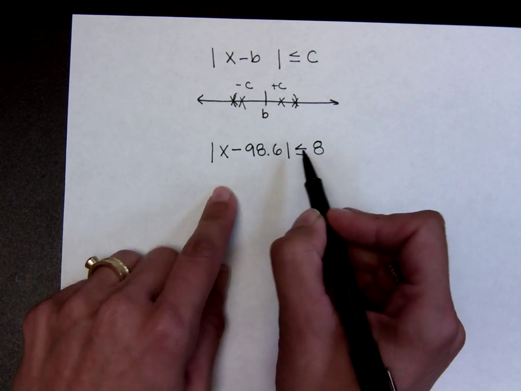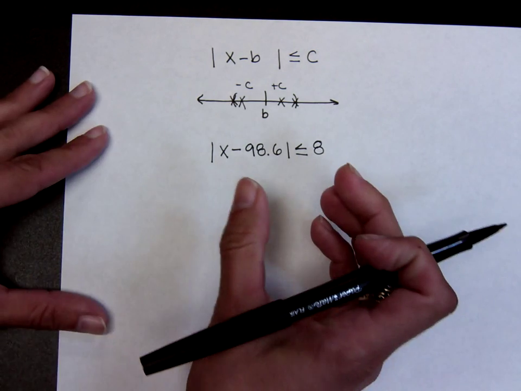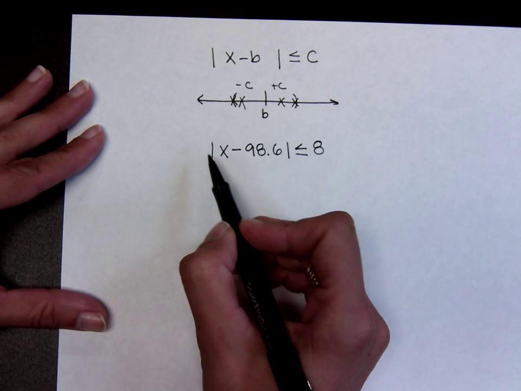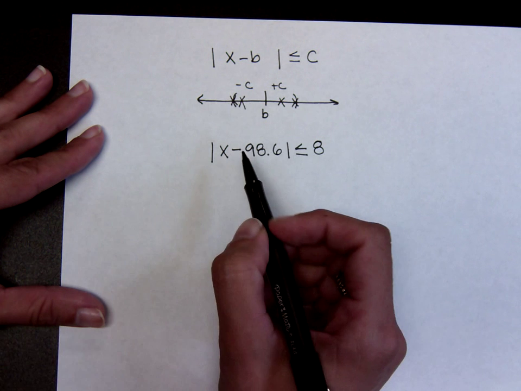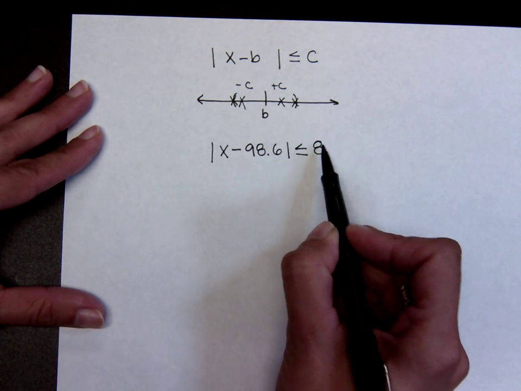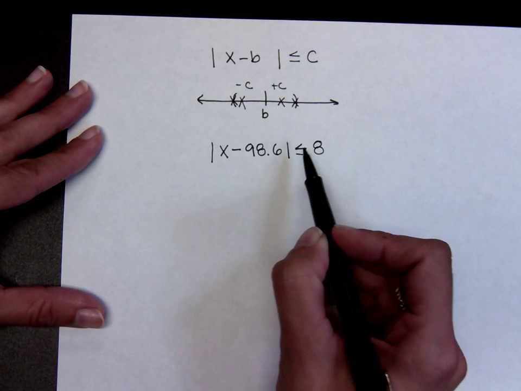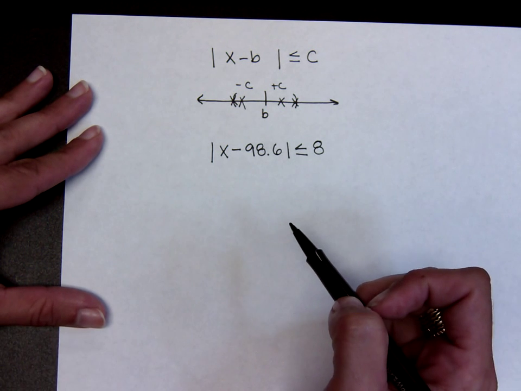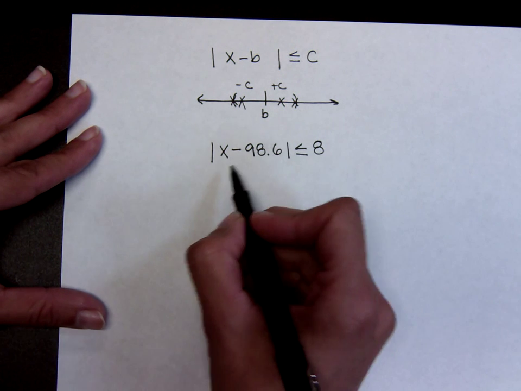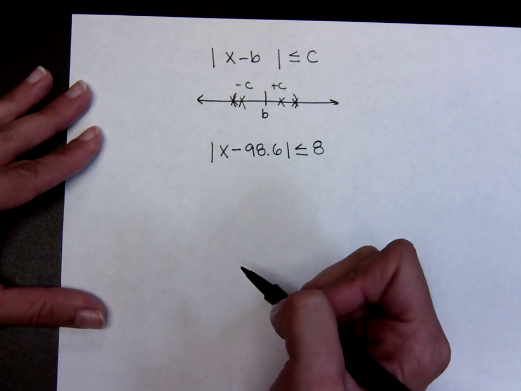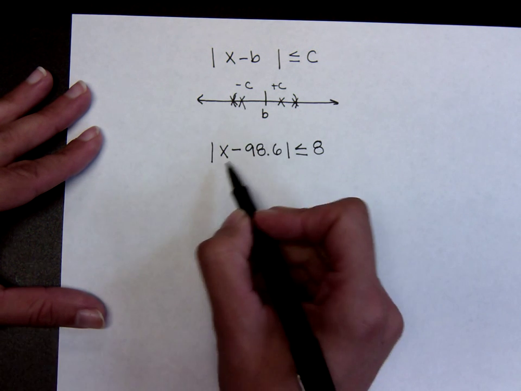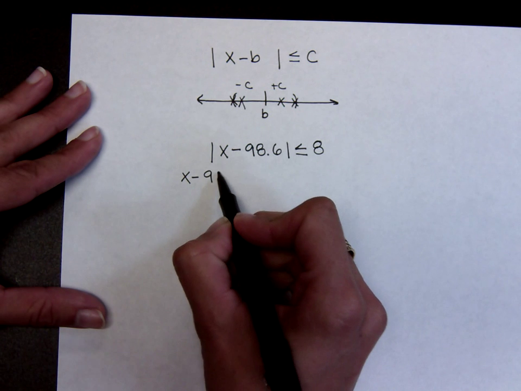That distance, or the difference between our body's normal temperature and say we have a temperature of 100 degrees, well, is that difference less than or equal to that 8 degrees? Because if we're over 8 degrees, then that's potentially really harmful. So let's solve that. We've got our nice absolute value here, no extra terms, so we can go ahead and solve. Let's write our two equations.